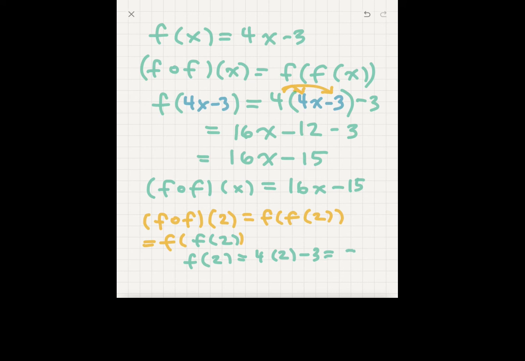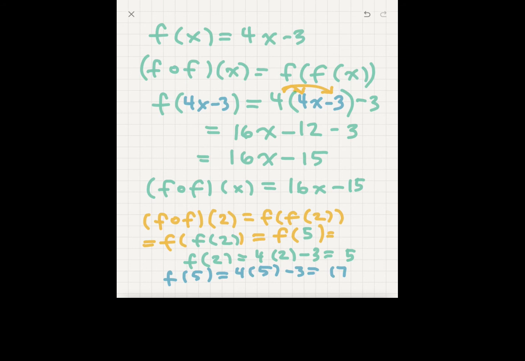So I have an answer 5. So that means I am taking f of 5. But then I can figure out that f of 5 is 4 times 5 minus 3. So that's 17.